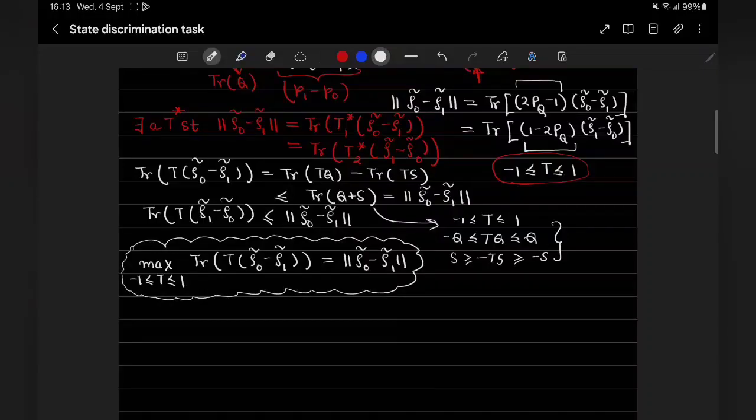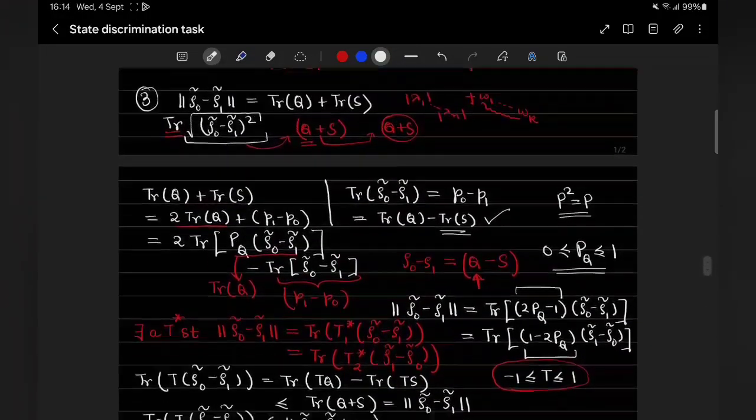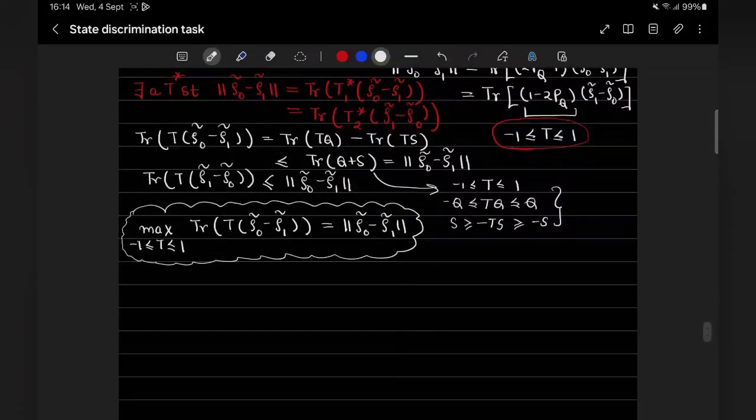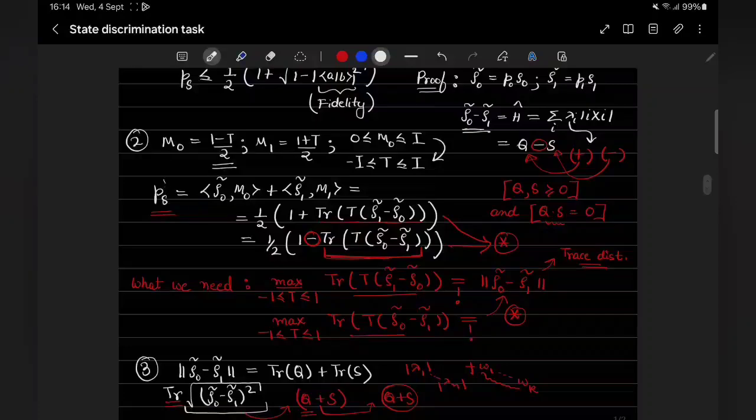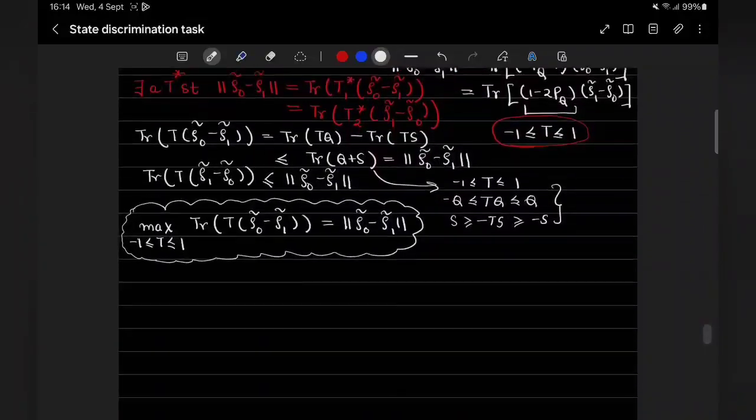And this in turn means that we have shown the Holevo theorem, basically, because in the Holevo theorem, if you observe, from here the rho s that we have had this exact expression, and this expression is equal to the norm, basically, that we have shown.